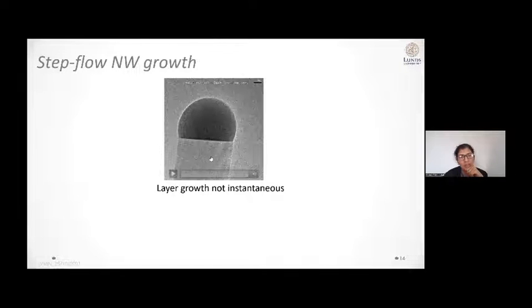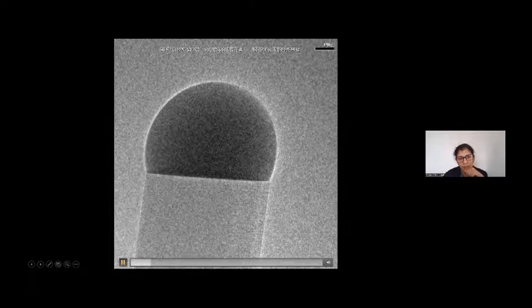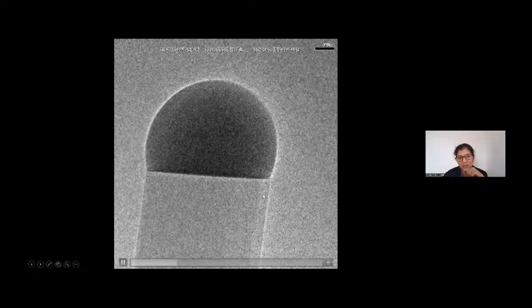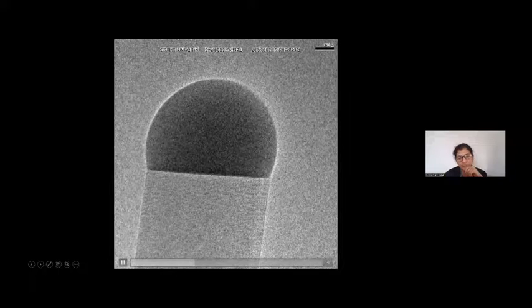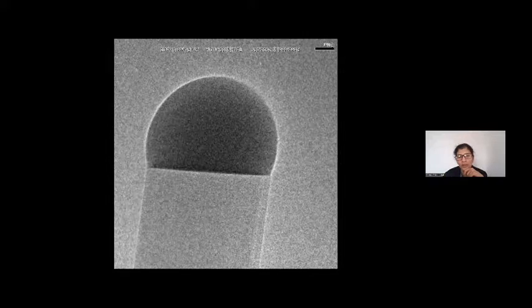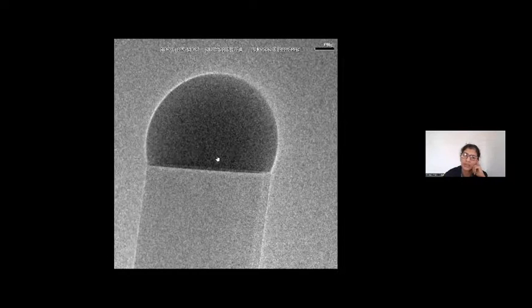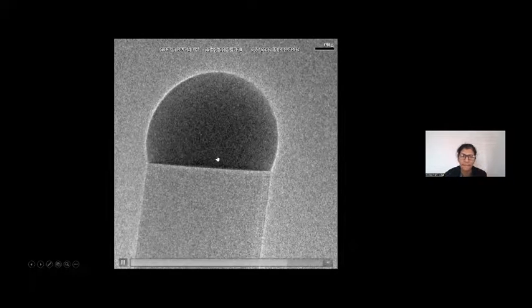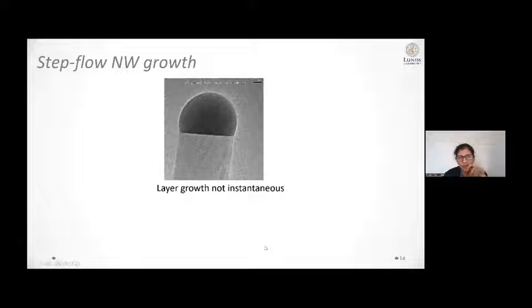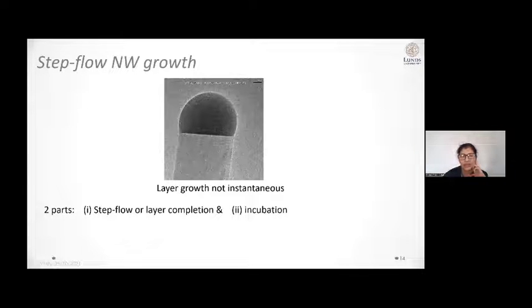And we see here, as I showed earlier, the layer growth is not an instantaneous process, and we want to see what aspects the gallium and arsenic are controlling in this layer growth process. So we analyze and measure two different steps inside this process.